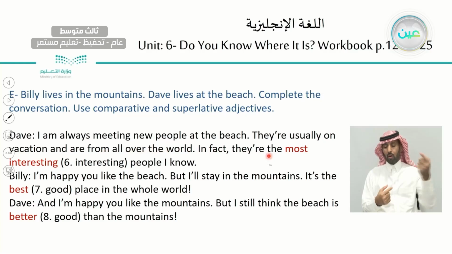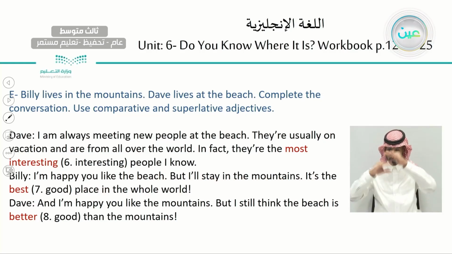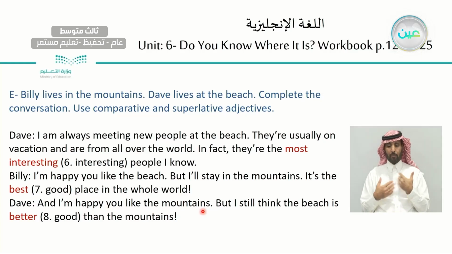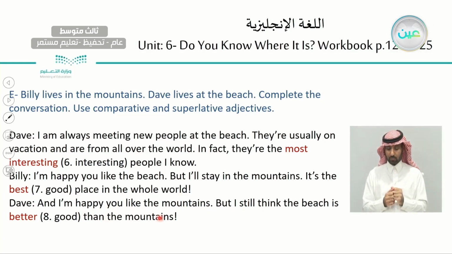In fact, they are the most interesting people I know. Billy: I'm happy you like the beach, but I'll say the mountains are the best place in the whole world. Dave: And I'm happy you like the mountains, but I still think the beach is better than the mountains.